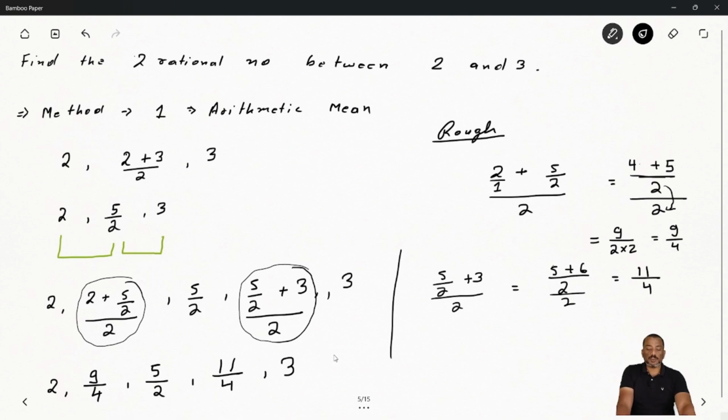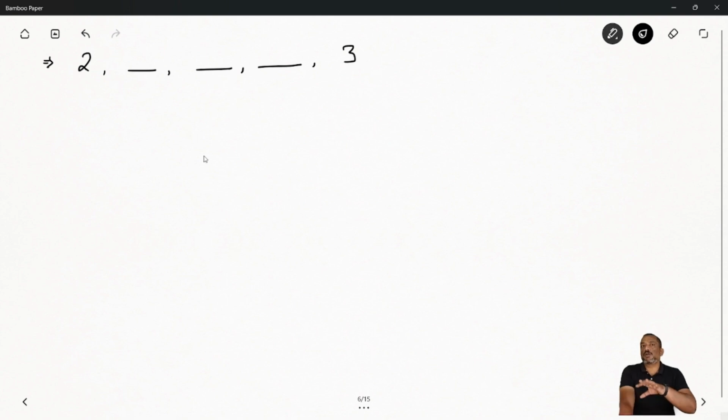But a lot of students want some easy method, so I will tell you an easy method also. Suppose in the same way you have to find rational numbers between 2 and 3. So how can we find them? You already know a fraction called an equivalent fraction. What is an equivalent fraction?